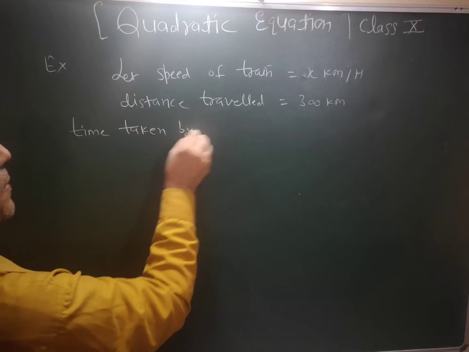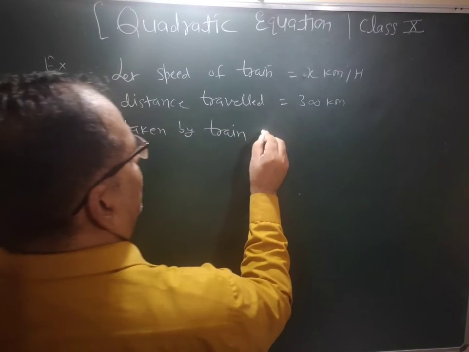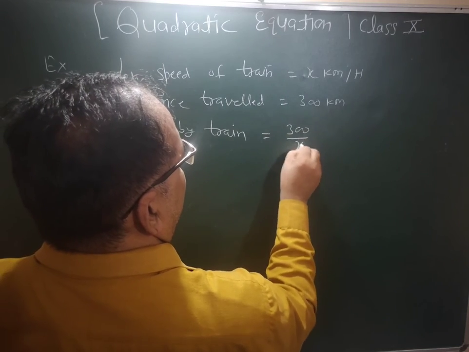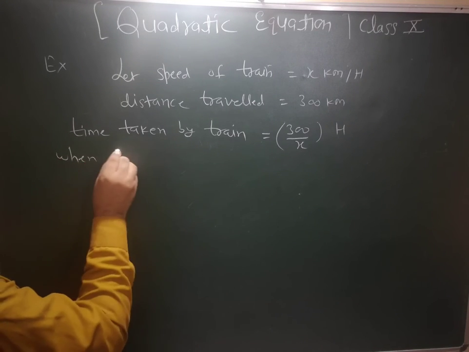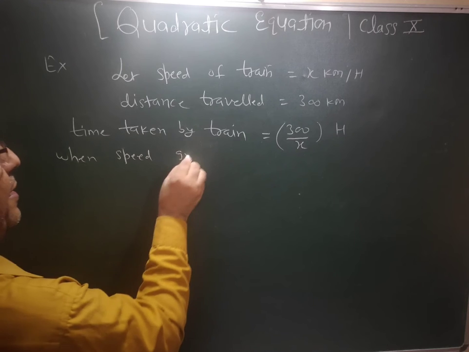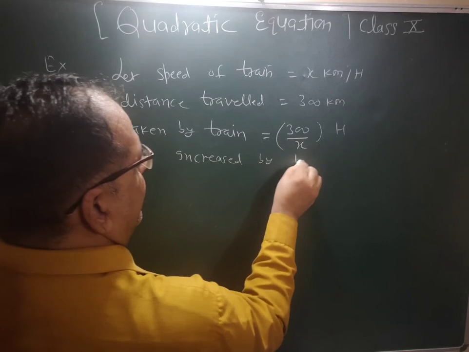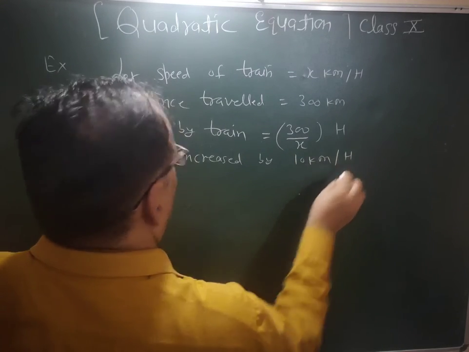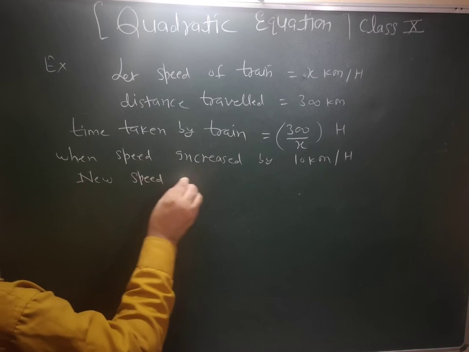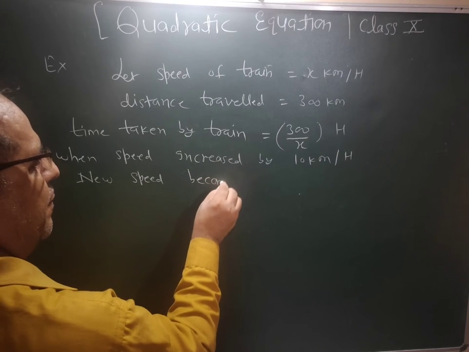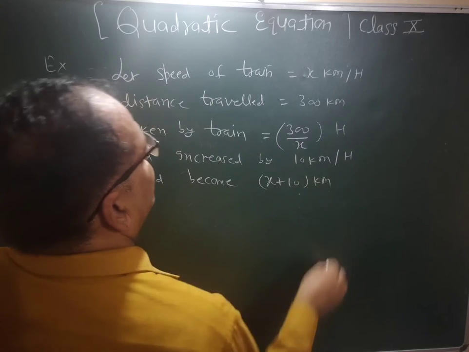Okay, so time taken by the train: you know that speed equals distance upon time, so time equals distance upon speed. When the speed is increased by 10 kilometer per hour, the new speed becomes x plus 10 kilometer per hour, because the previous speed was x kilometer per hour.